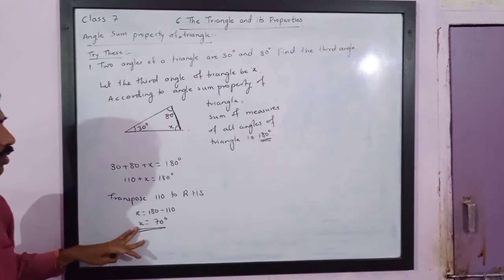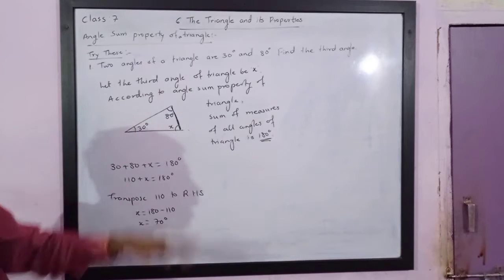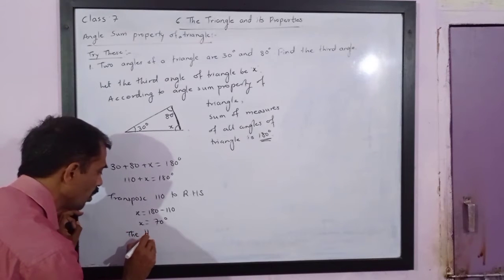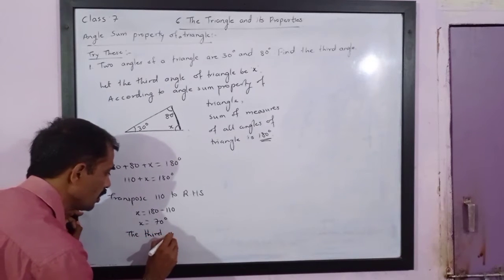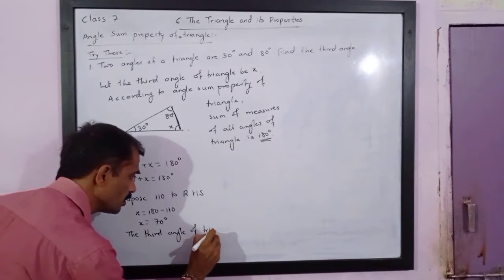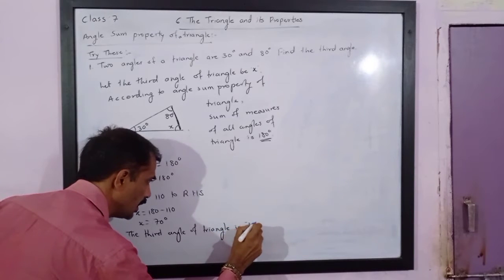We don't have to find x, we have to find the third angle. Hence the answer must be written as asked. That is, the third angle of the triangle is 70 degrees.